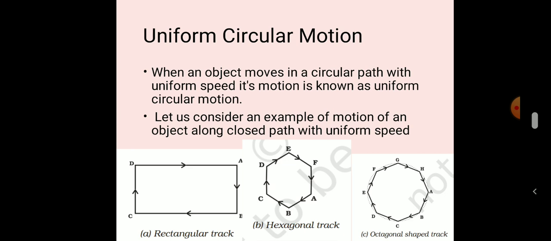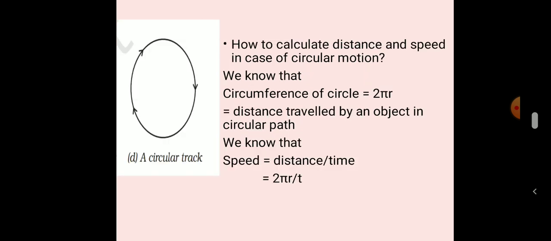Now, what would happen to the shape of the track as we go on increasing the number of sides indefinitely? If you do this, you will notice that the shape of the track approaches the shape of the circle and the length of each of the sides decreases to a point.